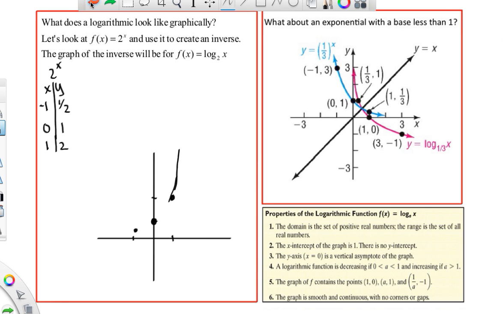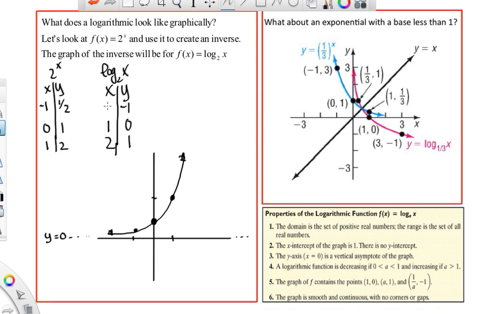Let's try that again. Okay, keep in mind that this has an asymptote at y equals 0. So the inverse of that, which would be the log base 2 of x, I should be able to just swap my x's and y's. So now I get a negative 1, 0, and 1 here, and then 2, 1, and a half go over here.